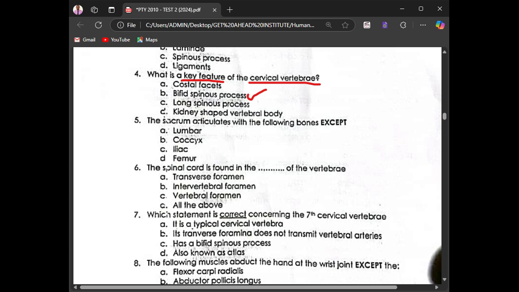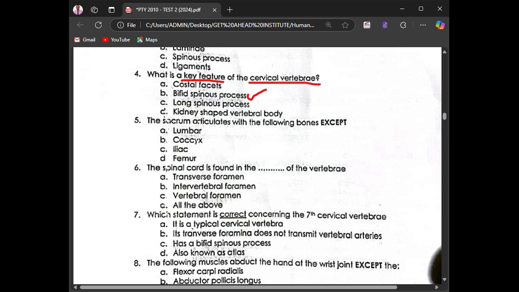And then when you talk of the thoracic vertebrae, it is fairly large and heart shaped. Apart from that, it has long spinous processes, which are pointed and angled downward.